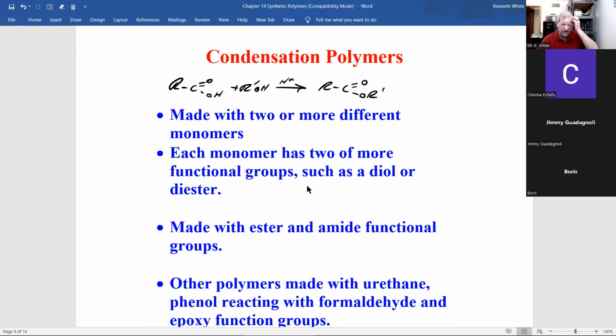Well, what if you had a molecule with 2 carboxylic acids and 2 alcohols in it or more? Now you can make a polymer. Or instead of carboxylic acids, you have an amine with 2 amine groups in it. You can also make a polymer that's got amide functions holding things together. And you can make polyesters like my water bottle, polyamides like a nylon jacket or whatever.